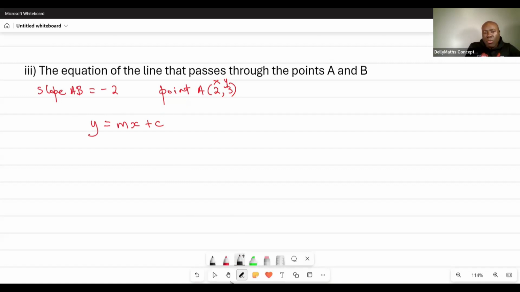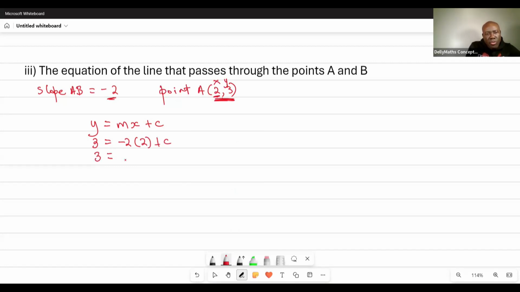So in an effort to find the y-intercept, I'm going to substitute the slope, which is -2, and this point into this equation. y is 3, so I'm going to have 3 here from this point. m is -2. x is 2, plus c.